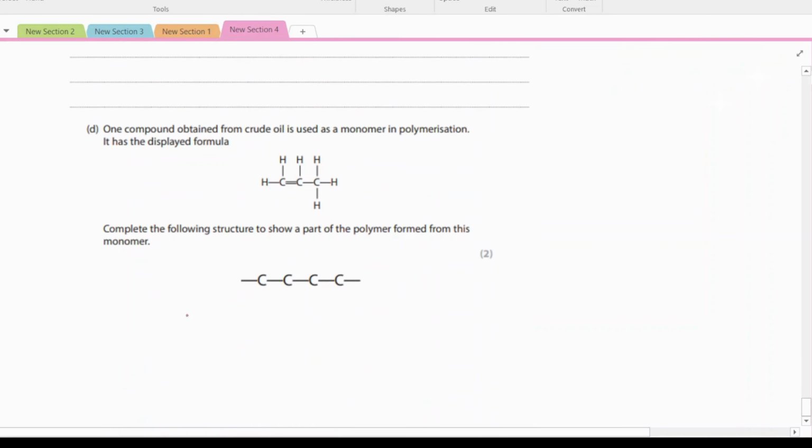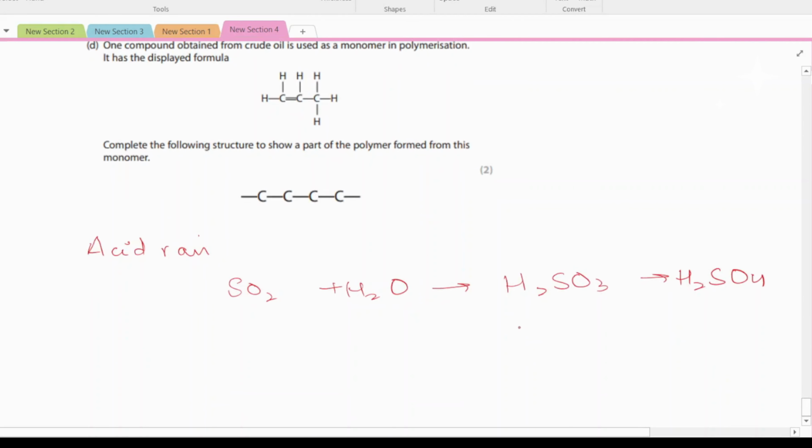The second thing, which I was about to tell you, is that they can contribute to acid rain. What is acid rain? Let's discuss acid rain in detail. Acid rain is basically when these oxides react with water, they form an acid, the sulfuric acid or the nitric acid.